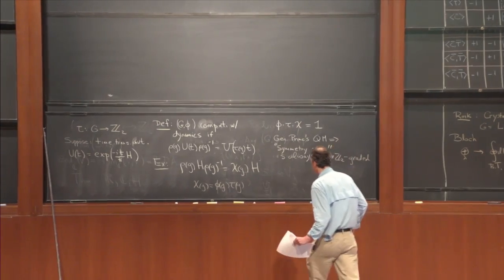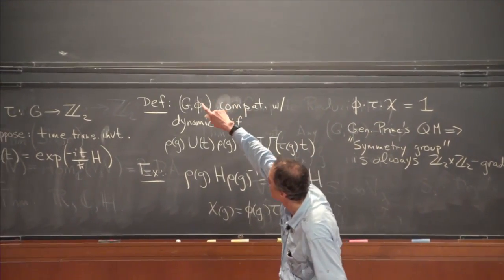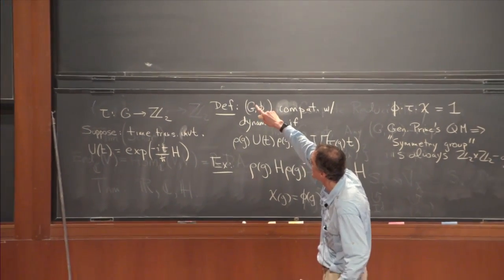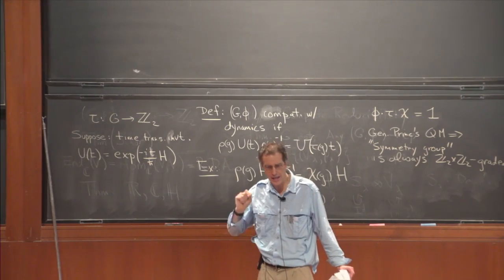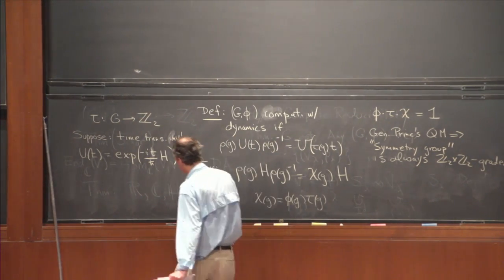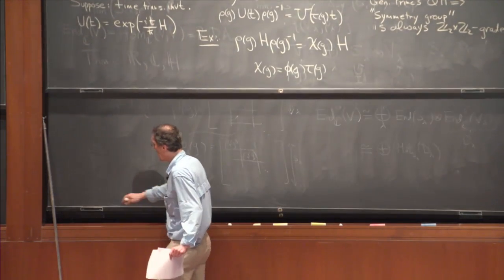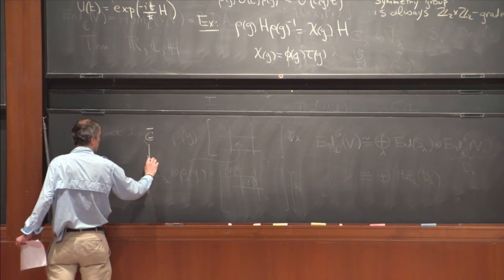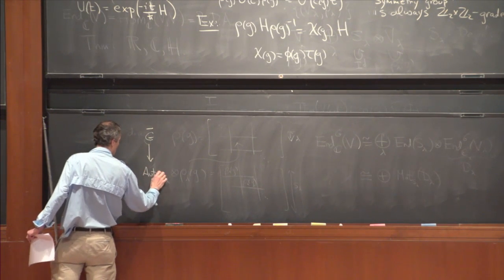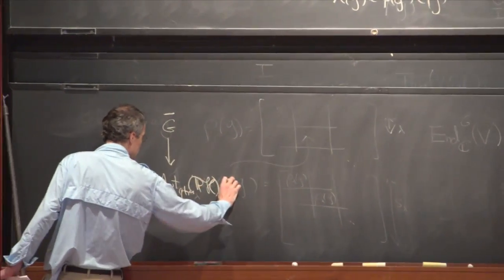What is phi? Remember that in section, I said 1, I meant 2. In section 2 of lecture 1, we determined that any group, remember I drew a big complicated commutative diagram, which I'm not going to draw all of, but G bar was our a priori system of symmetries of our system.